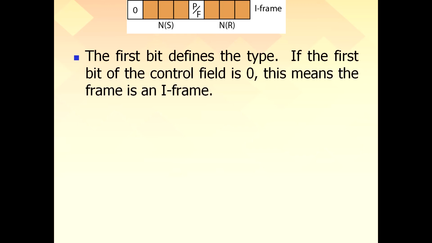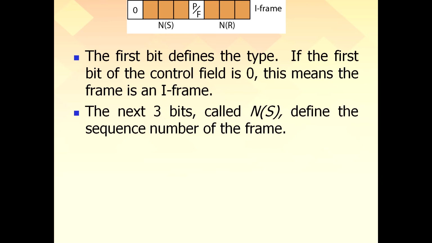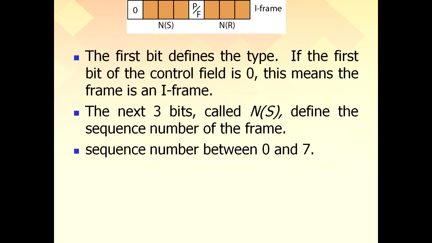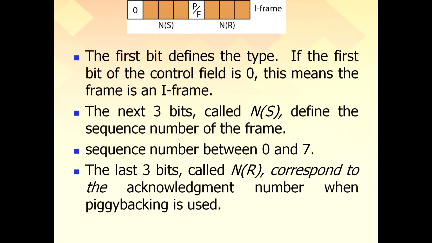The next 3 bits are called N(S), which indicates the sequence number of the sender side. You can assign the sequence number and rearrange the frames in sequence order at the receiver side. The sequence number range is between 0 and 7.